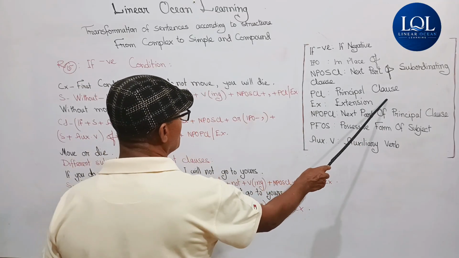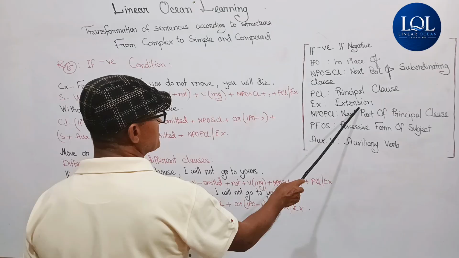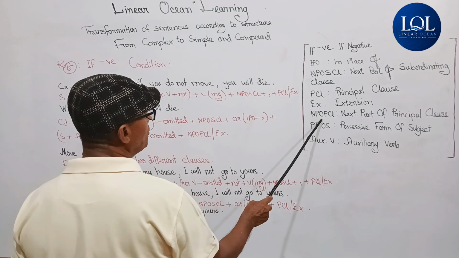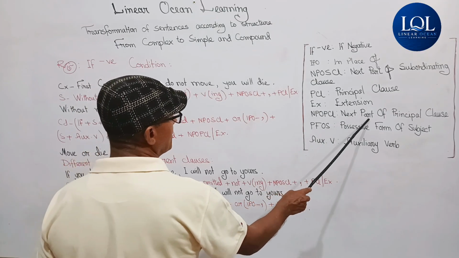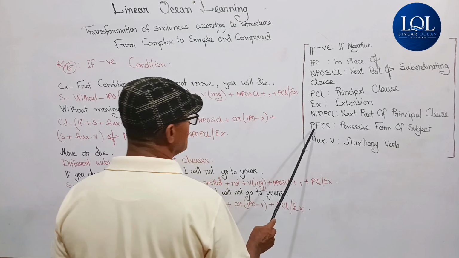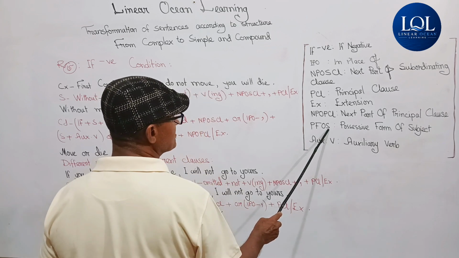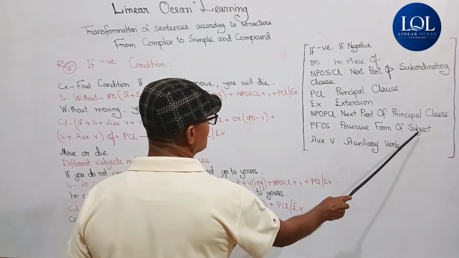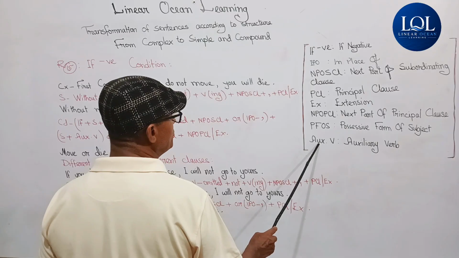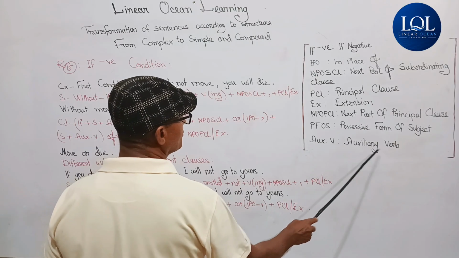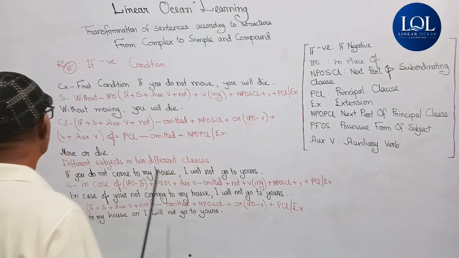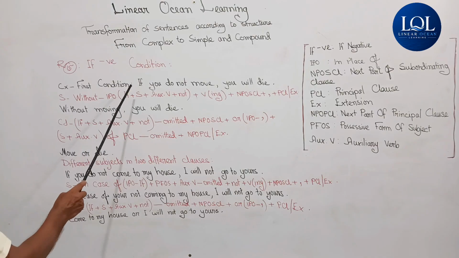PCl means principal clause. EX means extension. NPOPCl, next part of principal clause. PFOS, possessive form of subject. AUX.V, auxiliary verb.